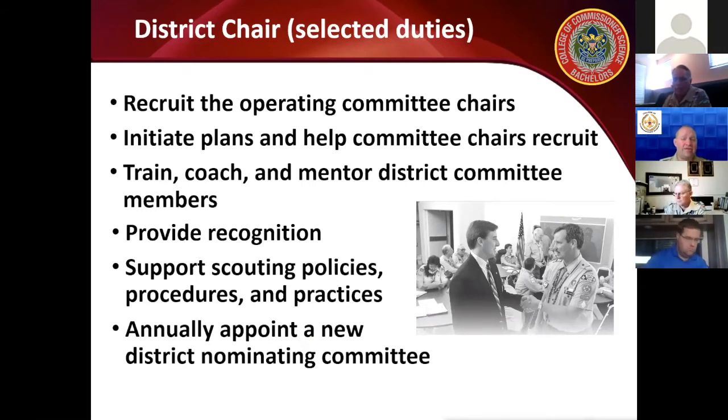He also trains, coaches, and mentors district committee members and provides recognition. He also supports the local and national Scout policies, procedures, and practices, and annually appoints a new district nominating committee. So his job is fairly hefty, and any additional help he can get is greatly appreciated.